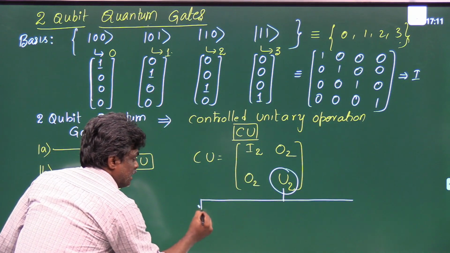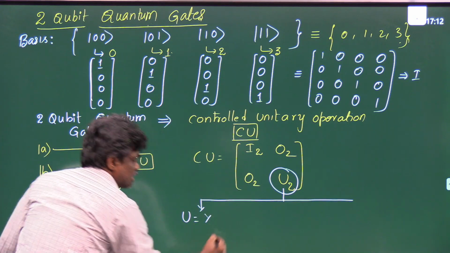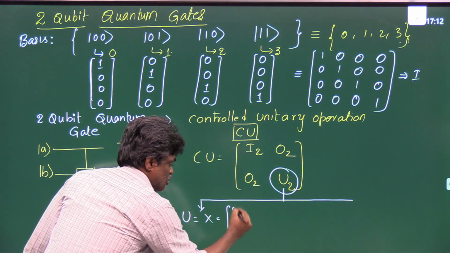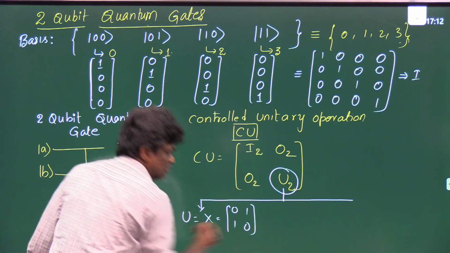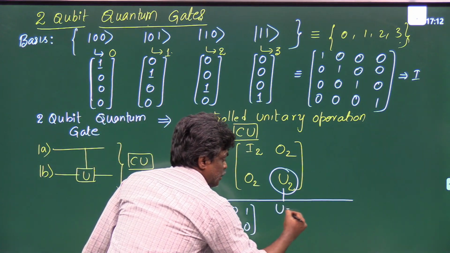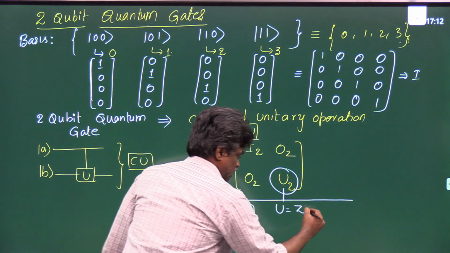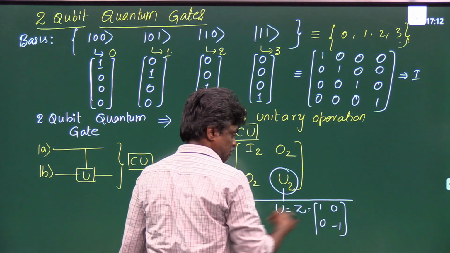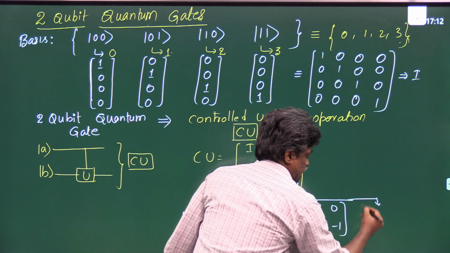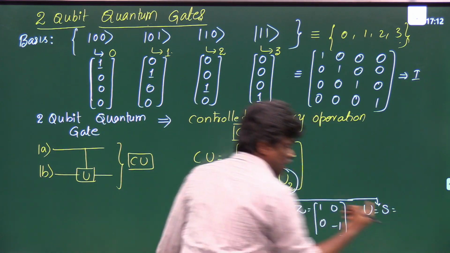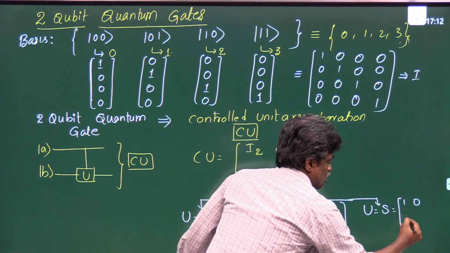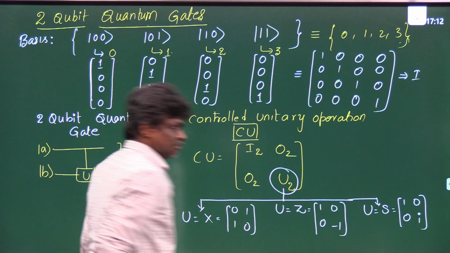Now I can take U as X, the Pauli X matrix, which is 0, 1, 1, 0. And I can take U as Z, that is 1, 0, 0, minus 1. And I can take U as S. I already told you the S gate: 1, 0, 0, iota.